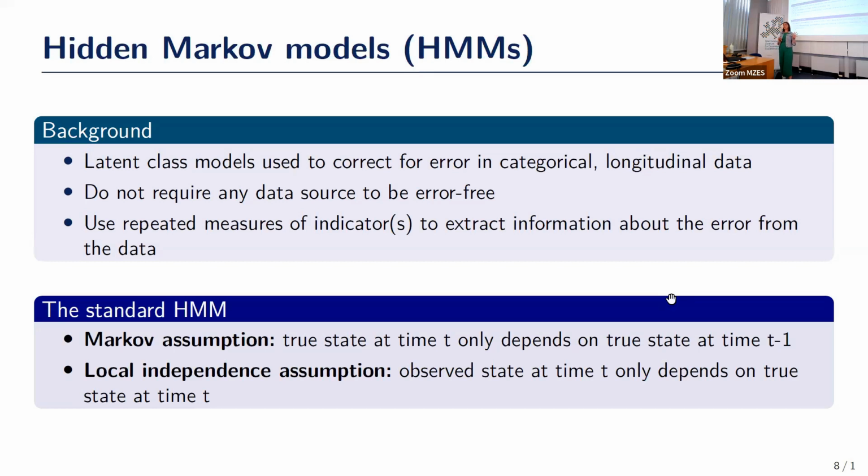So it's what we call an autoregressive process of order 1. And then we have the local independence assumption, where we say that the observed state, for instance, the contract type registered in the survey data, only depends on the true contract type at the same time point.